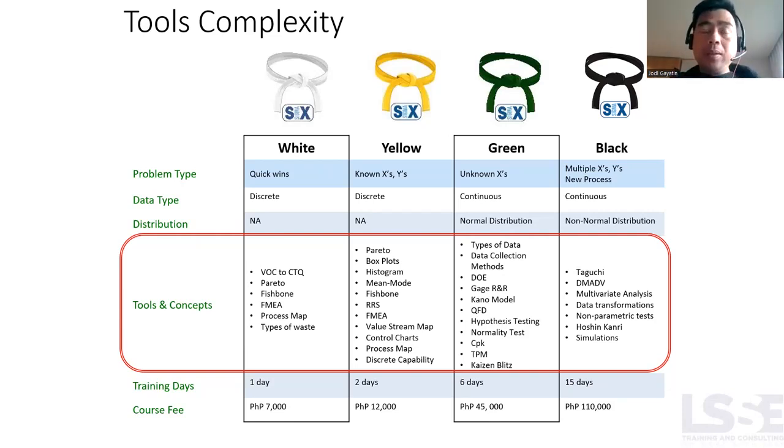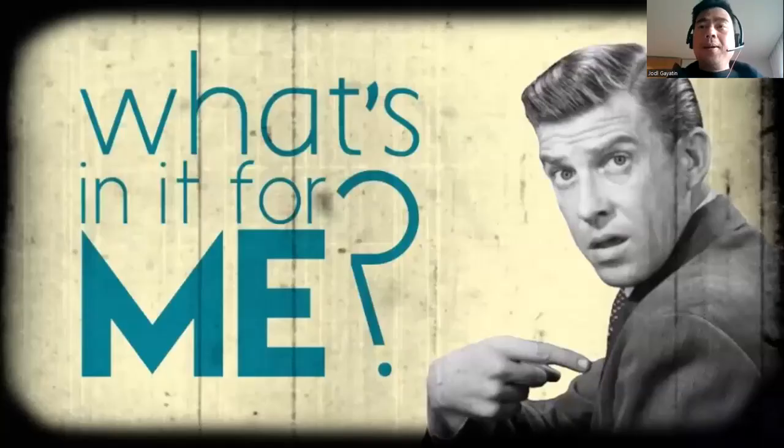However, in my experience, a typical freelancer would probably just need what we call a yellow belt level of Six Sigma. Okay, so a freelancer who studies the yellow belt level of Six Sigma would already have the tools that are needed to make him and his task more productive and more efficient.